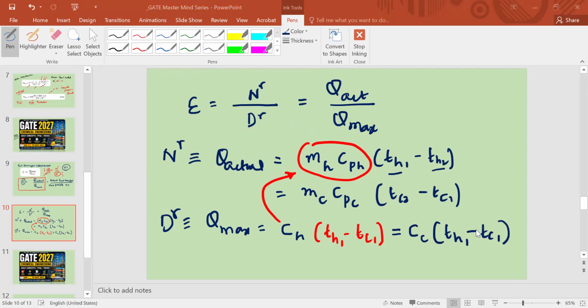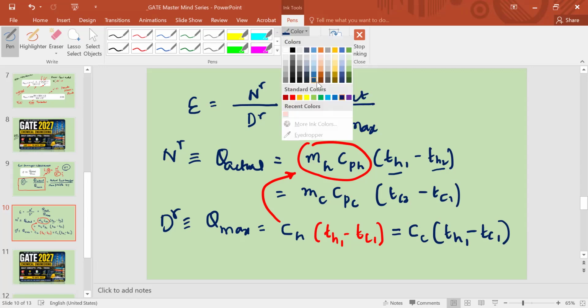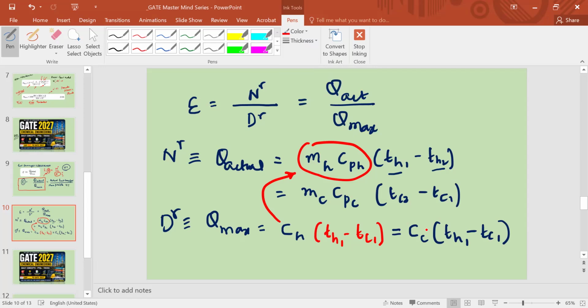So now CC is what? Cold fluid capacity rate. This particular value, MC into CPC, is the cold fluid capacity rate, known as CC.